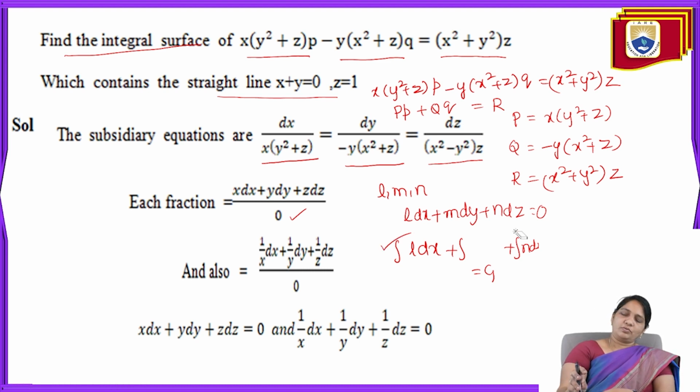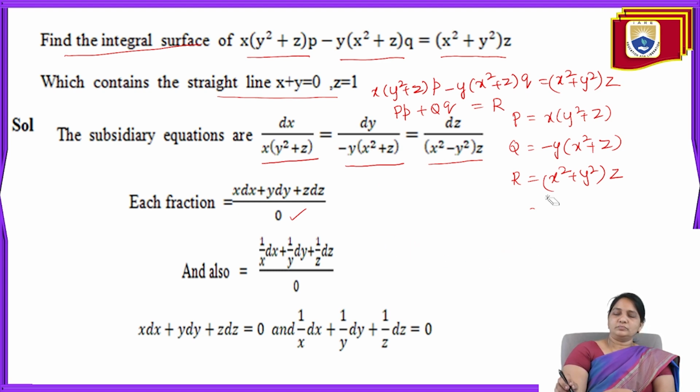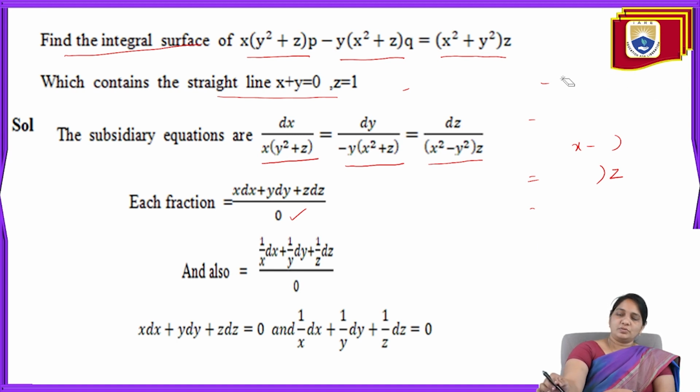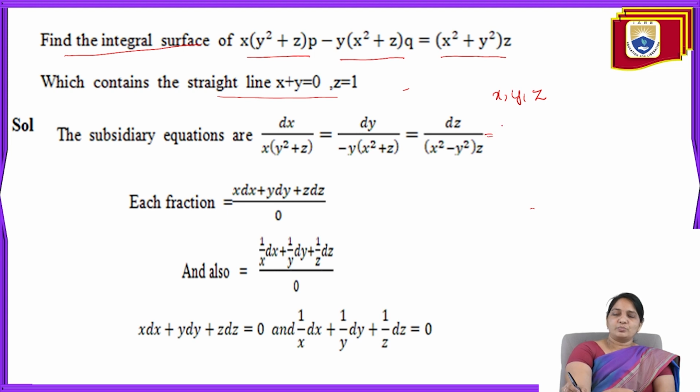So according to that method, I am taking here a set of multipliers. We can observe, if we get 0, then we can set that one as the multipliers. Now I am taking the first multipliers x, y and z. So first I am calculating here the numerator x into dx plus y into dy plus z into dz.